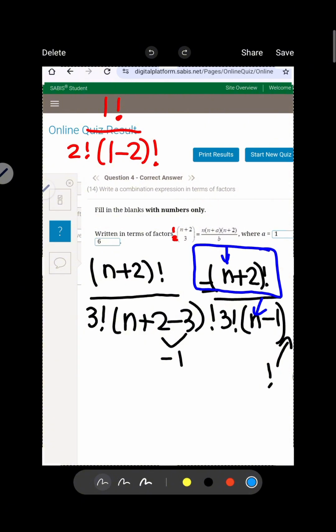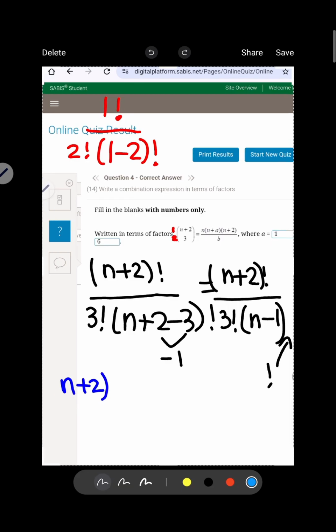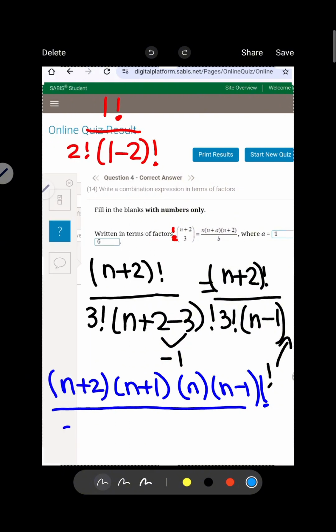Okay, so n plus 2, then n plus 1, then n plus 0, you're just going to get n, and then (n minus 1) factorial, over 3 times 2 times 1.